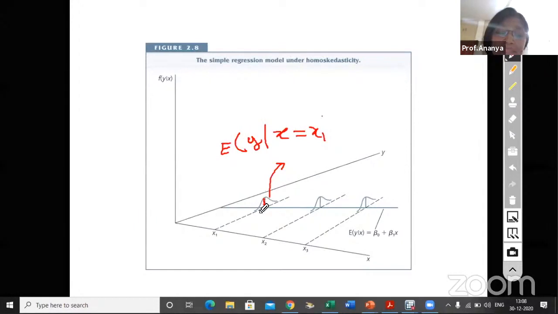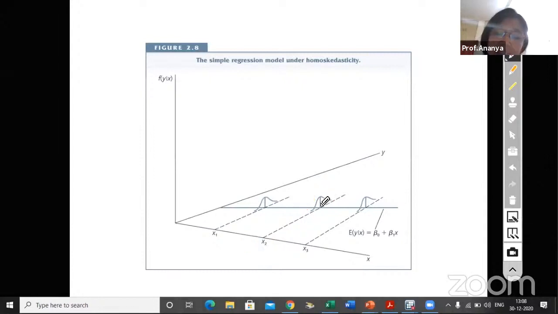That is measured along here. What happens when x takes the value x2? So this is y1, this is y2. When x takes the value x2, y takes a whole range of values like this.